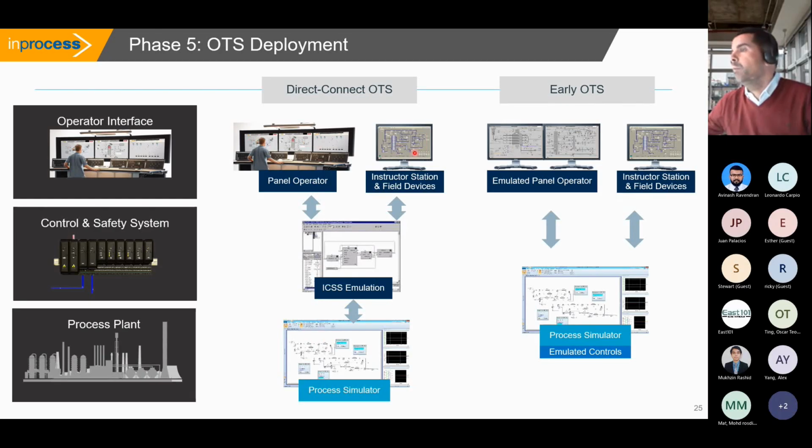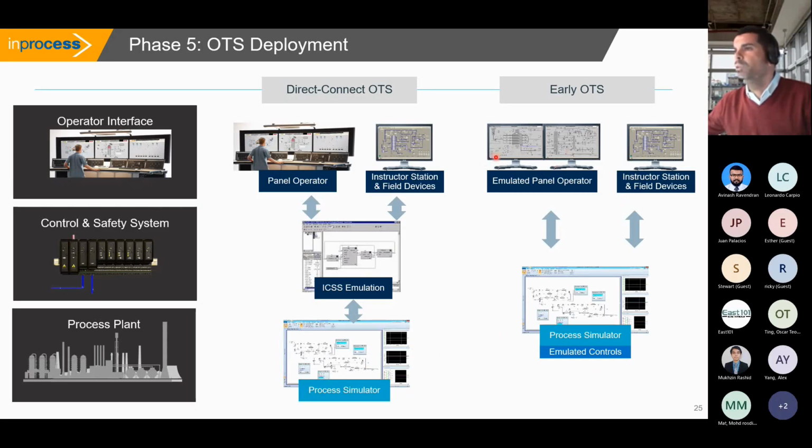If we are talking about an early OTS, what we first provide is a previous version with exactly the same dynamic model, but with all those control narratives inside and with the first emulated screens that we deploy.